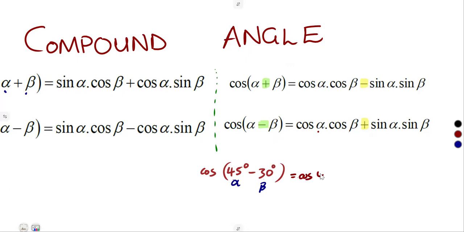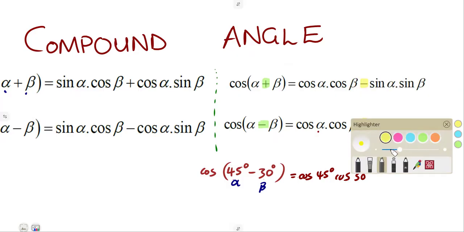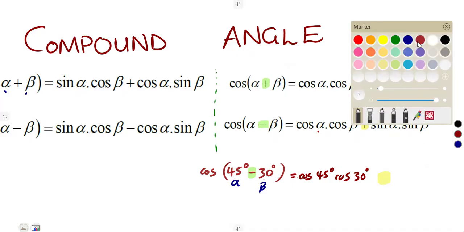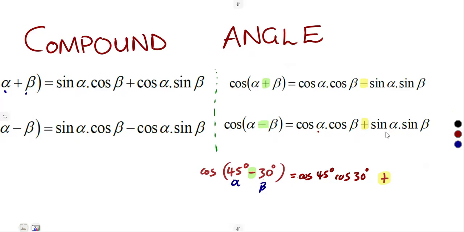So that's cos 45 degrees, cos 30 degrees. The sign changes now. It was a minus, it changes to a plus: sine alpha, sine beta of those angles, sine 45, sine 30 degrees. So it's cos cos, sine sine.